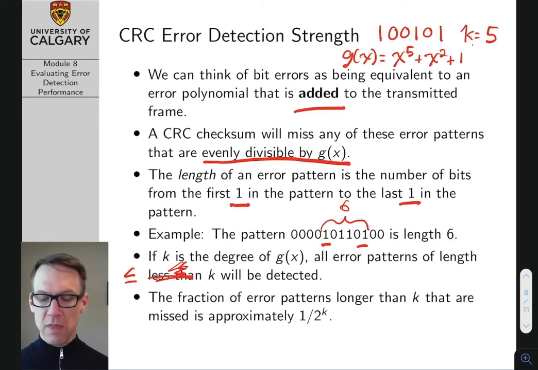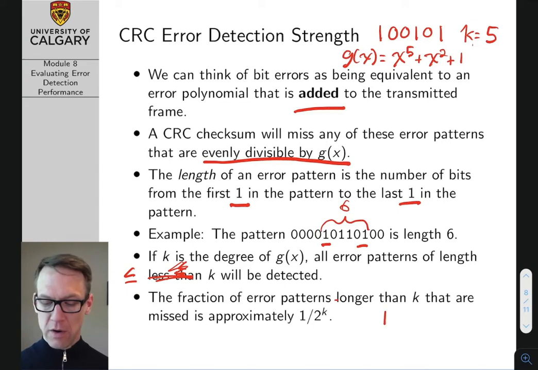So does that mean that all error patterns of length 6 or more slip through? The answer is definitely no. The vast majority of these longer error patterns are also not evenly divisible by our generator polynomial. In fact, the fraction of error patterns longer than k that are missed is approximately 1 over 2 to the k.